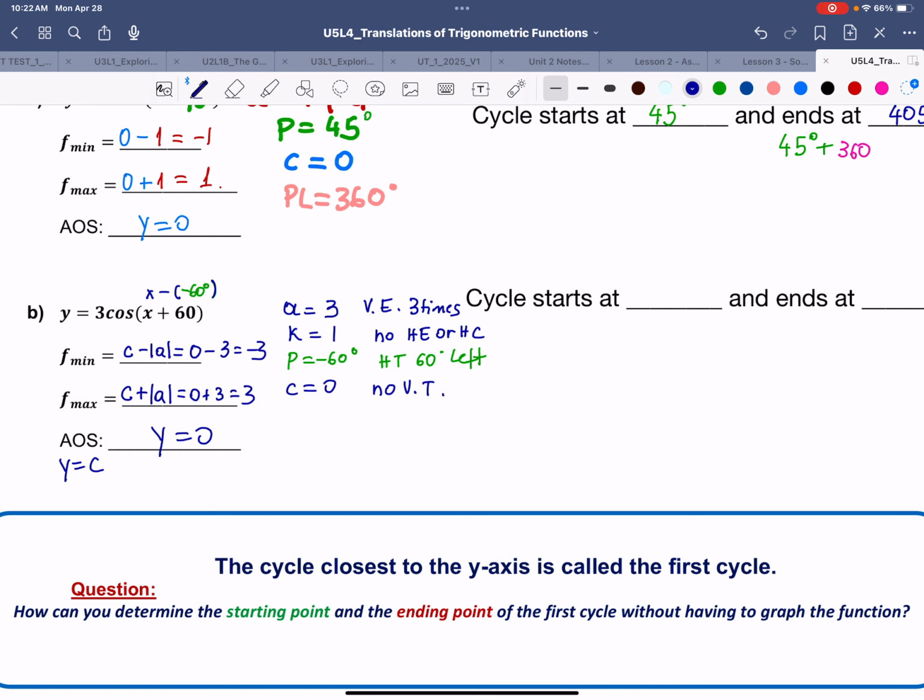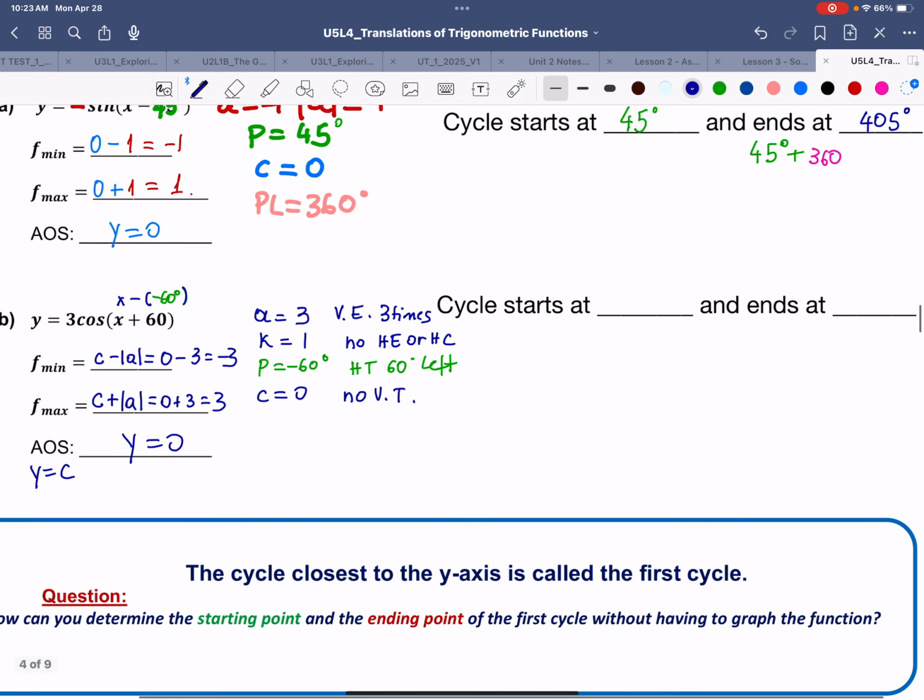So the cycle in this case will have to start at negative 60 degrees, and with a period length of 360 degrees, same as the basic sine, cosine x, we will have this end at negative 60 plus 360.